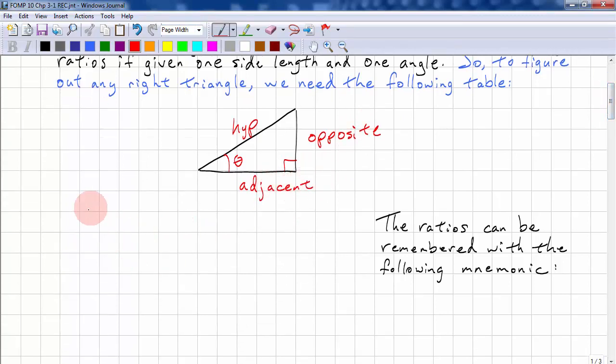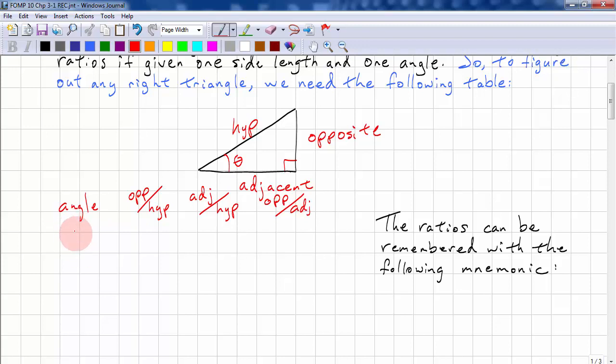So we said that the angle, if it's the same, will have the same ratio: opposite over hypotenuse, adjacent over hypotenuse, and opposite over adjacent.